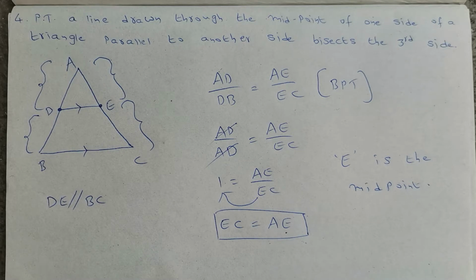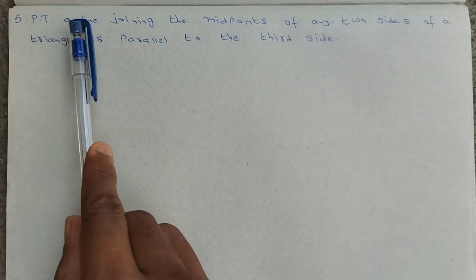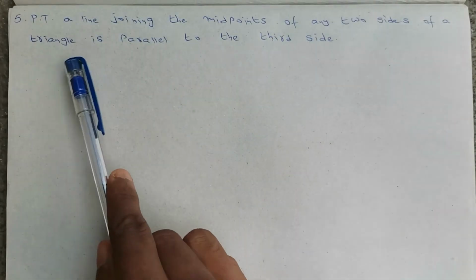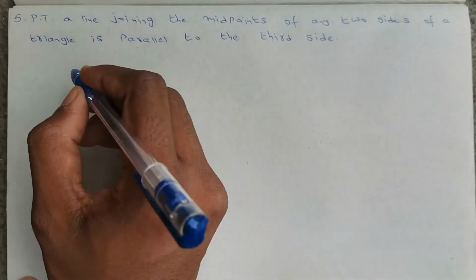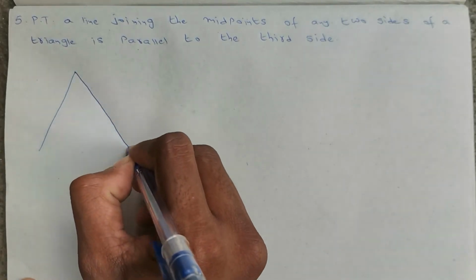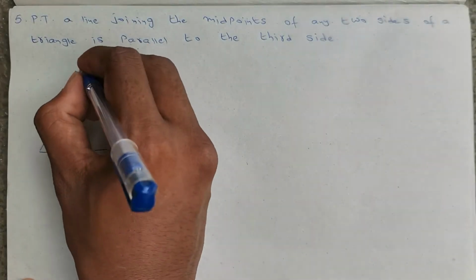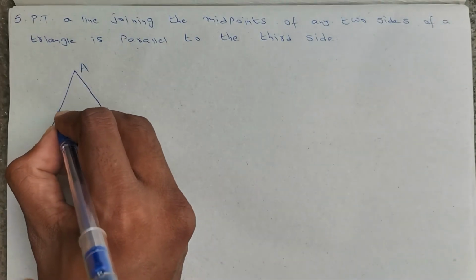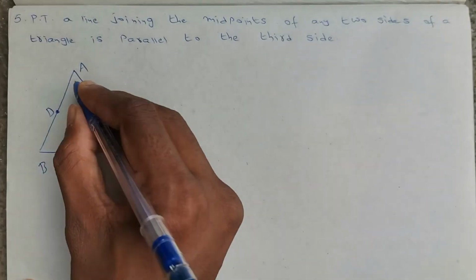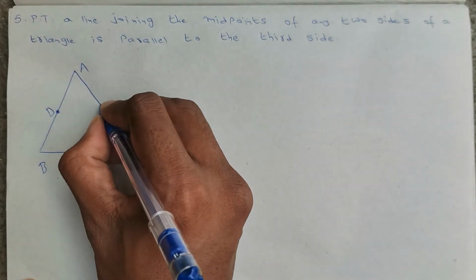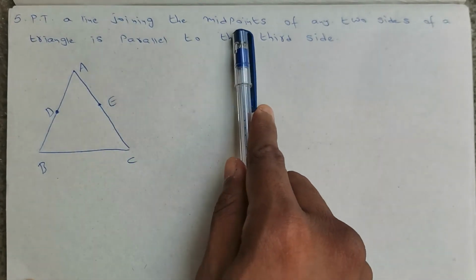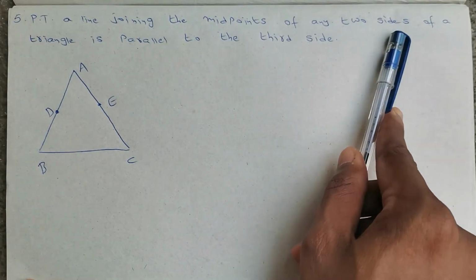Okay, next, let us move to next question. Prove that a line joining the midpoints of any two sides of a triangle is parallel to the third side. We have a triangle named ABC. We have exactly midpoint named D on the side AB and one more on AC side point E. Midpoints of any two sides.